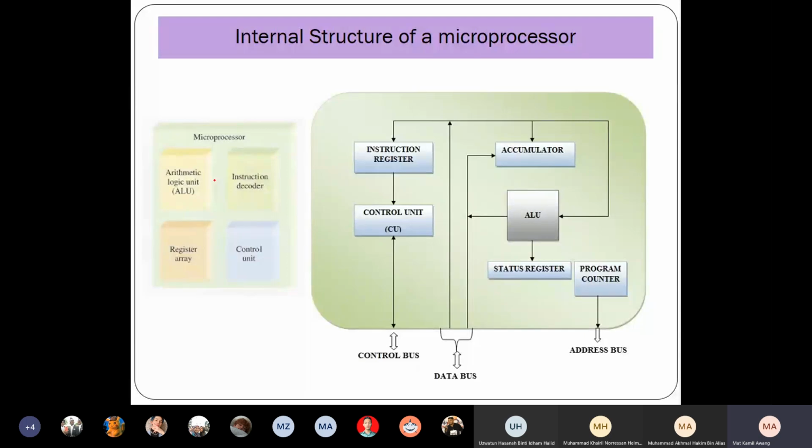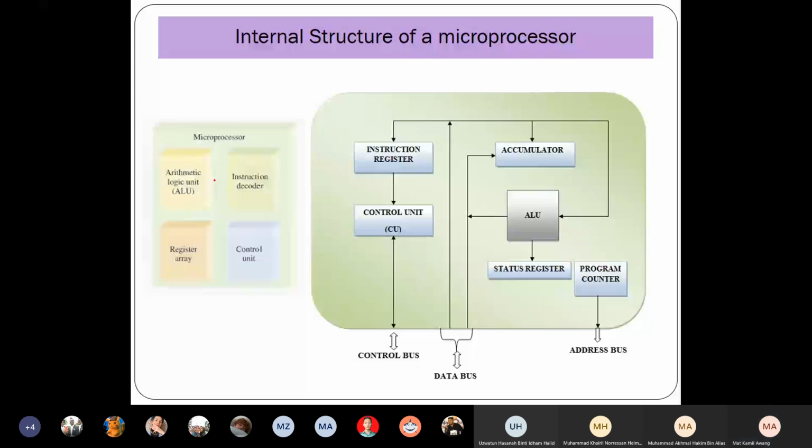Then that high-level language will be translated into assembly language, which is the language using symbols. For example, if you want to move data from one register to another, maybe you use the word MOV, to move.